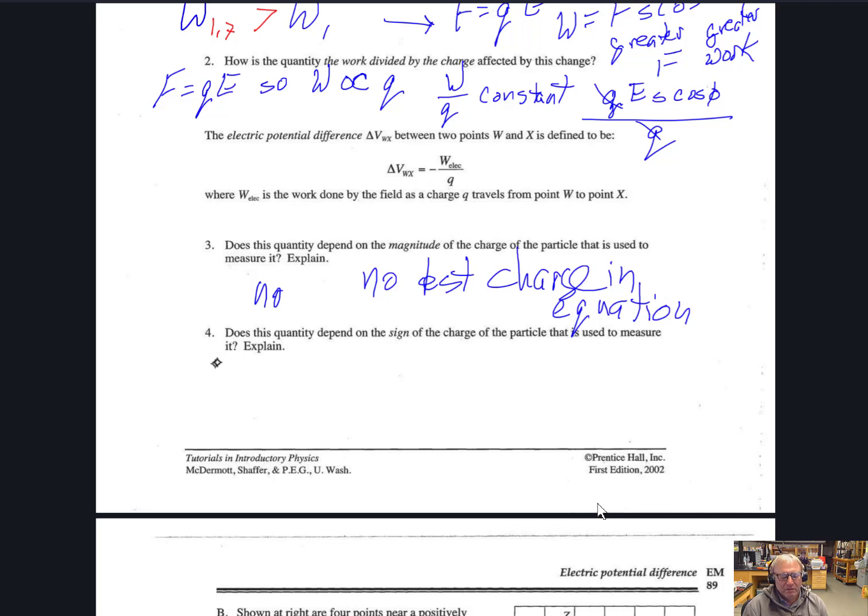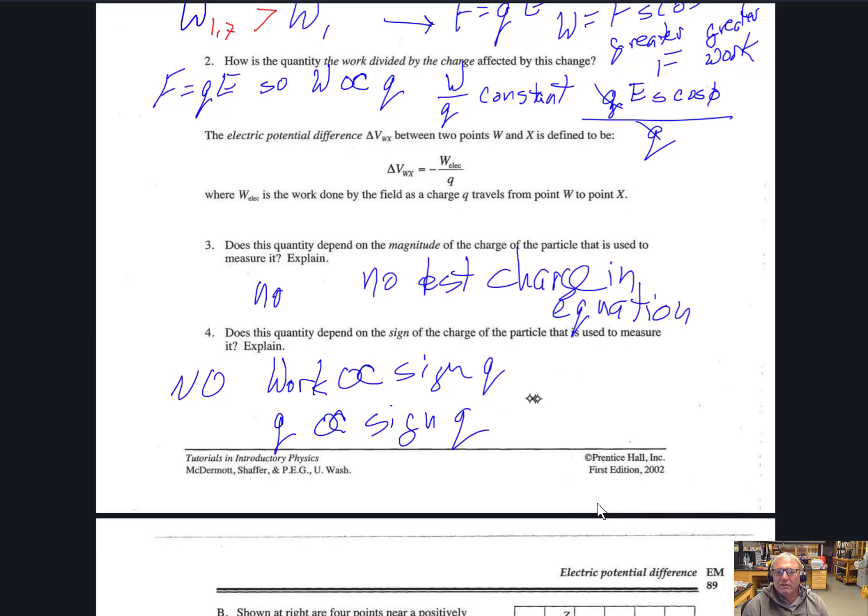No, because work is proportional to the sign of Q, and U is proportional to the sign of Q. So you'll either have a neg over a neg or a pos over a pos.